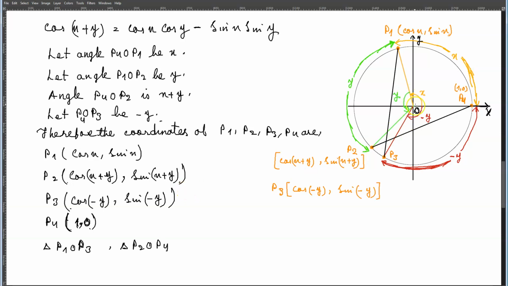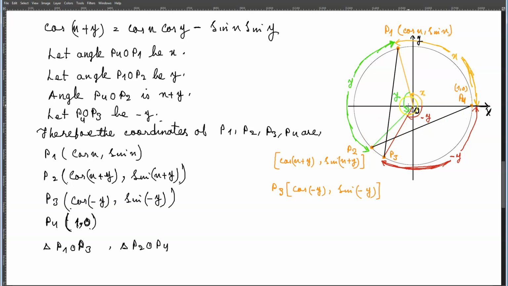As you can see, these two triangles are congruent, because we are talking about P1OP3 and about P2OP4.